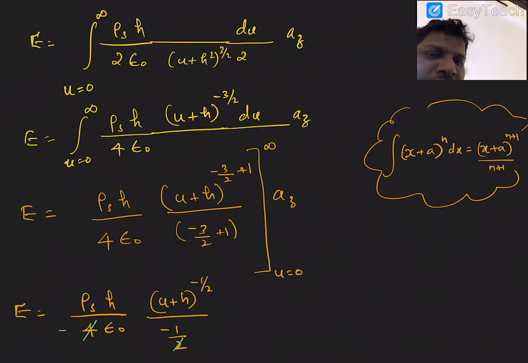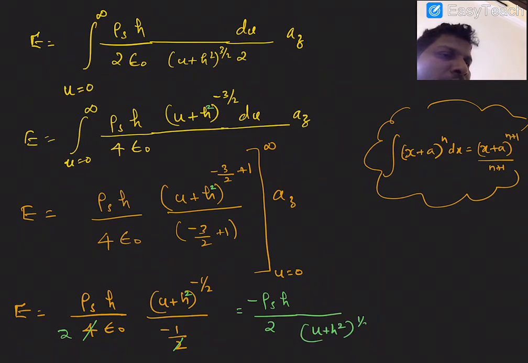So you will get rho s into h divided by 2, and there is a negative sign, then u plus h square whole power minus 1 by 2, sorry for this, that means 1 divided by u plus h square whole power 1 by 2. Then I will put the limit. I forgot to write the direction, so I have the direction Az, and u is changing from 0 to infinity.